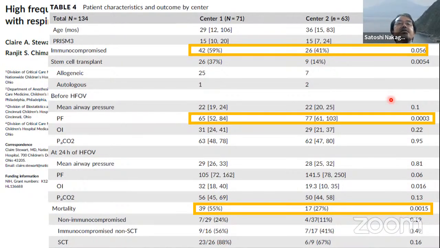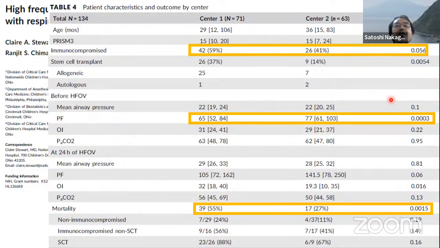And the other reason might be that in Center 2, they started high-frequency oscillation relatively earlier. The PF ratio was higher than the one of Center 1. So if the PF ratio goes below the 100 level, Center 2 started high-frequency oscillation.